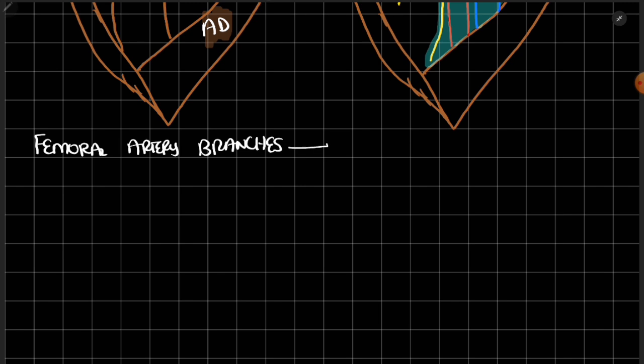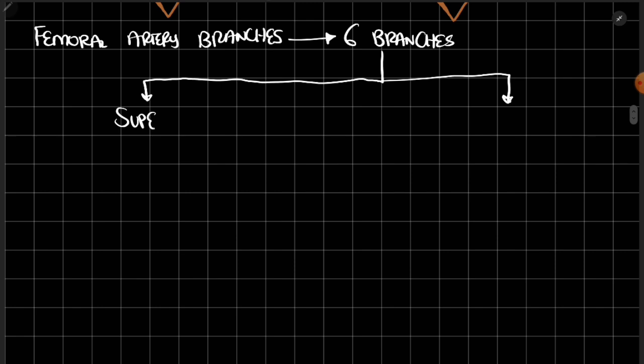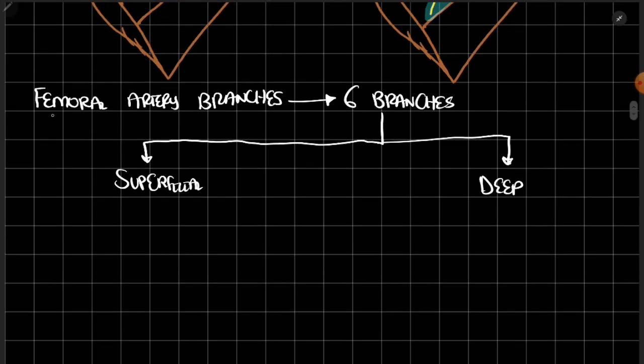So in femoral triangle we get 6 branches. Okay, the 6 branches, they are classified as superficial and deep.